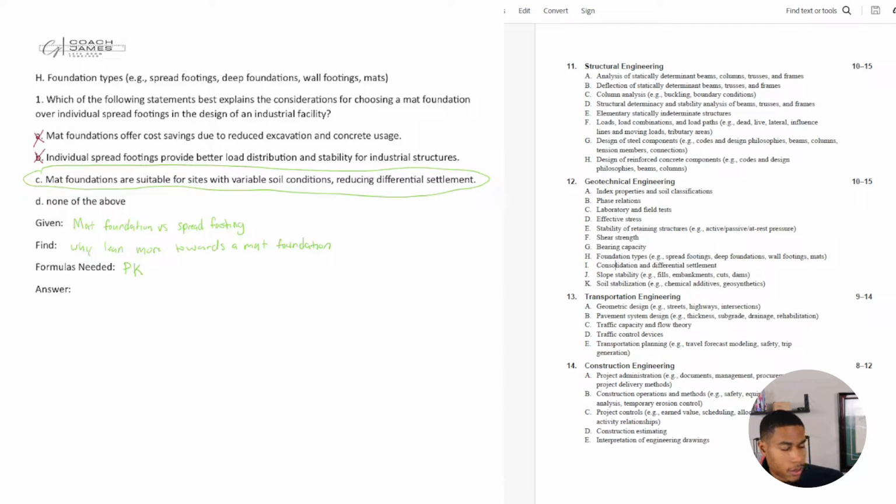A mat foundation is only in certain locations typically, whereas spread footings seem to be the whole base of the structure. Again, spread footings also have a limited load bearing capacity. Basically, that just means they have a limit on the amount of load they can carry, right?